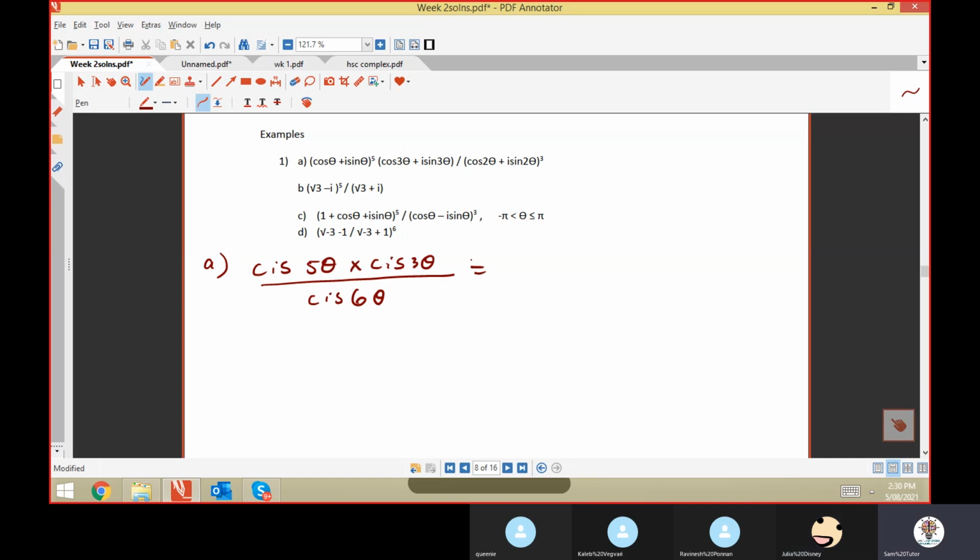Then, what did you learn before De Moivre's theorem? When you multiply polar form, what can you do to the angles? You add them. And then what happens when you divide them? You subtract them. Do you feel like you're even doing extension 2?